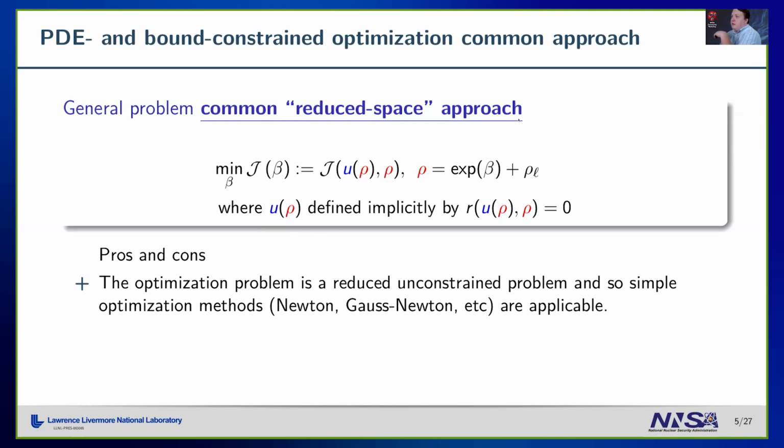But also what's typically done, a little bit hacky, is to reparameterize this parameter here, rho, that is, instead optimize with respect to beta, so that for any real value of beta, by construction, rho will be greater than or equal to this rho L, because the exponential is strictly positive.